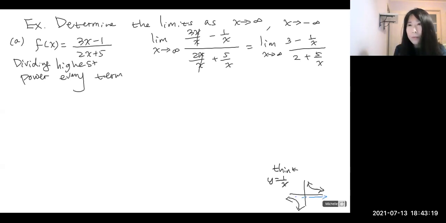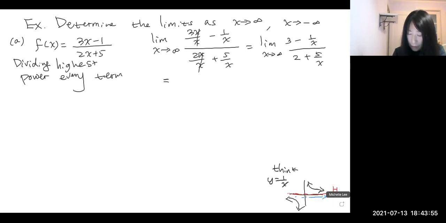What's the graph behavior? Approaching where? Also positive infinity. Look at the graph. It's 0. The graph approaches 0 because there is a horizontal asymptote, right?